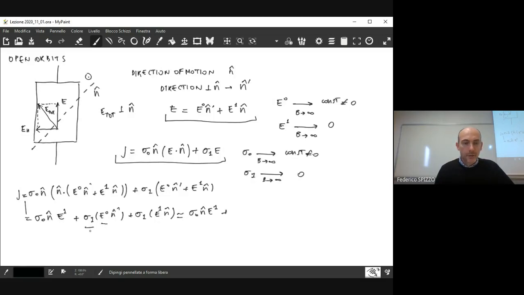So something that goes to 0 when B grows and something that is constant. Here we have sigma 1, E1. Both terms go to 0 as B increases. So the leading one between these two is just the first, because we have one term that goes to 0 and one term that is different from 0 in the high field limit. So I just keep the first term of this equation. So sigma 1, E0, and then n.